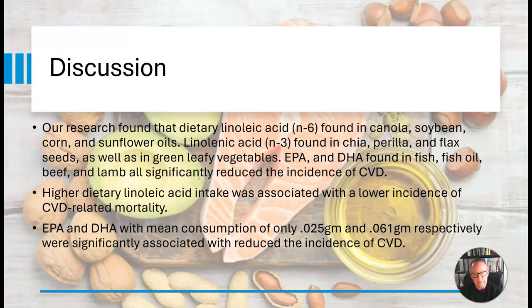Higher dietary linoleic acid was the only one that was associated with a lower incidence of cardiovascular disease-related mortality. It was also interesting that EPA and DHA, with a mean consumption of only 0.025 grams and 0.061 grams, respectively, were significantly associated with the reduction of cardiovascular disease at such small quantities.